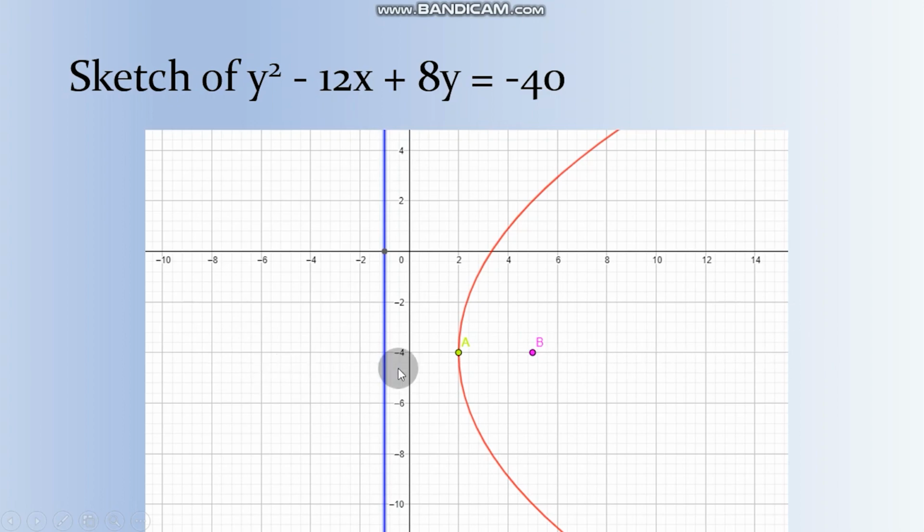So, that's how you analyze the parabola from its graph. You can get the vertex, the focus, the directrix, the axis of symmetry, and you can easily graph it from the patterns that are given to you. So, huwag kakalimutan yung mga patterns na binigay ko sa inyo so that everything will be easy.